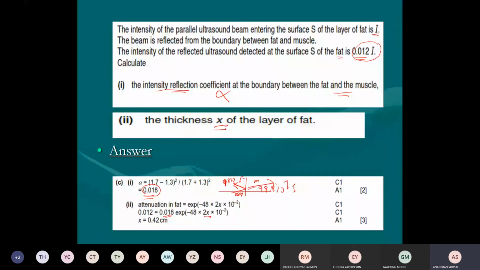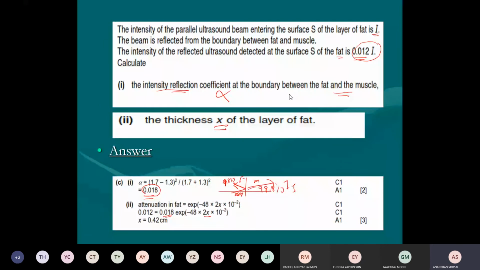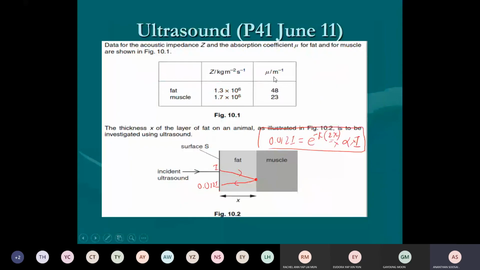Your K is the absorption of fat, it's 48. Do you understand why negative 2? Because they want to convert to meter. What unit is 48? It's in meter.